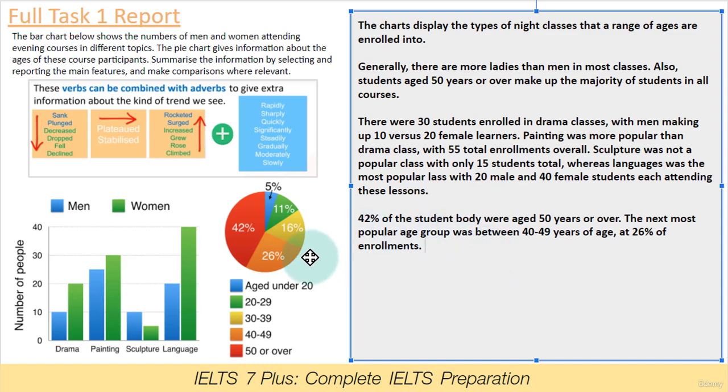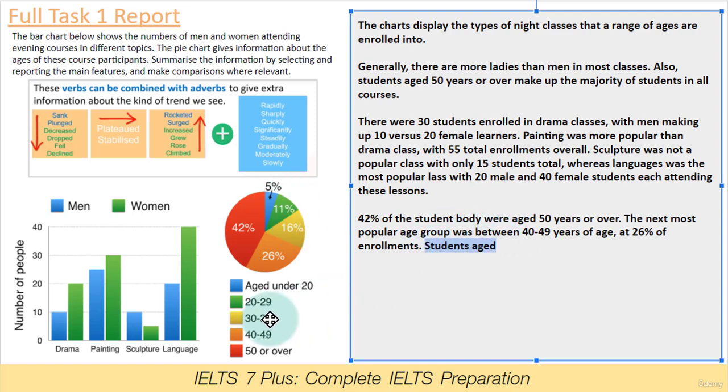Then we could maybe say, if we want to speed things up just a little bit more, plus these together. So we could say students aged 39 or younger make up 16 plus 11 plus 5. So this is 32%. This is very much speeding up our writing. I'm going to plus these two groups together because this is 16, this is 16, so I can say they're equal.